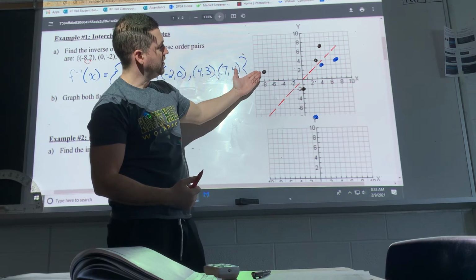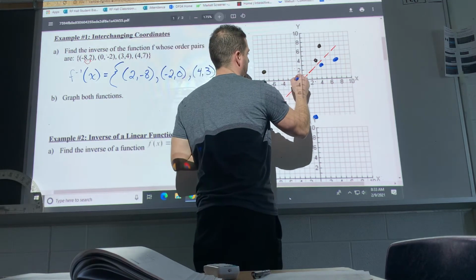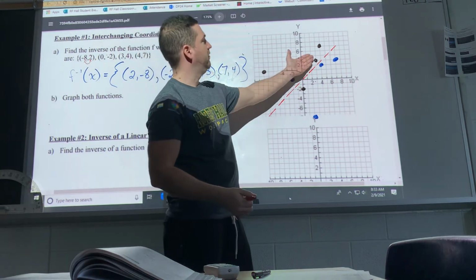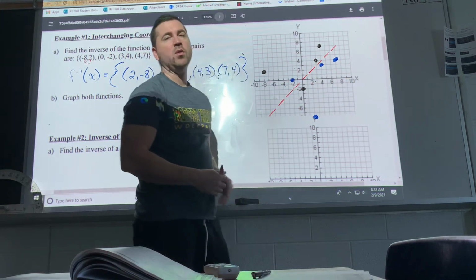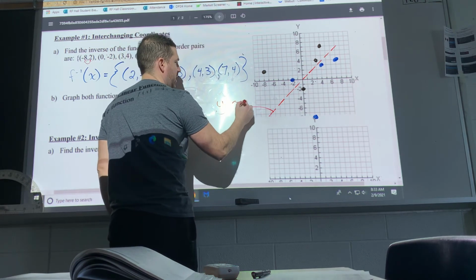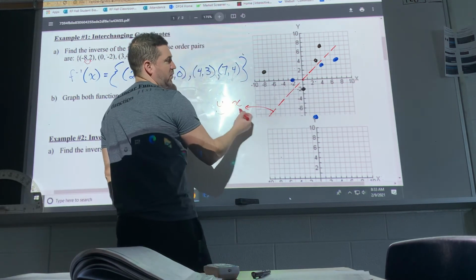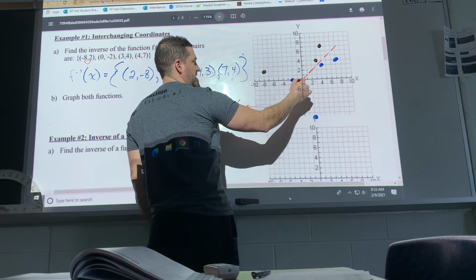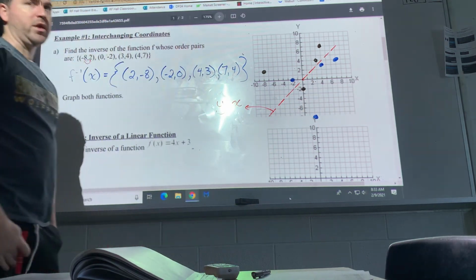The function is here, the inverse is on this side. Oops, I accidentally erased one. Function here, inverse this side. Function here, inverse on this side. The function up here is reflected over y = x. This dotted line is y = x. Just start at (0, 0) and your slope is 1 over 1, so it goes up 1 over 1, up 1 over 1. Down, left 1, down 1, left 1, down 1. It just goes square by square.